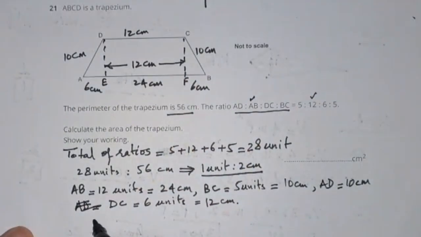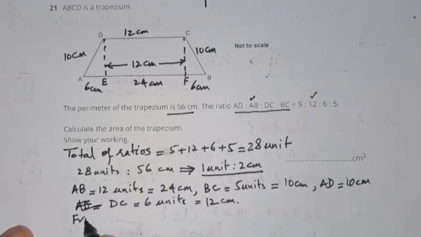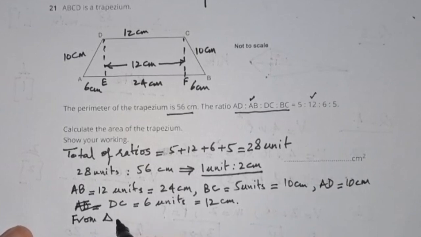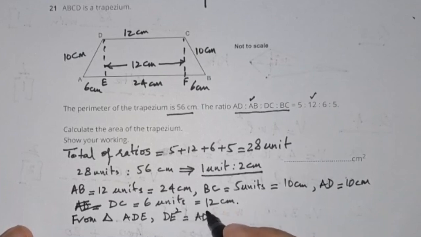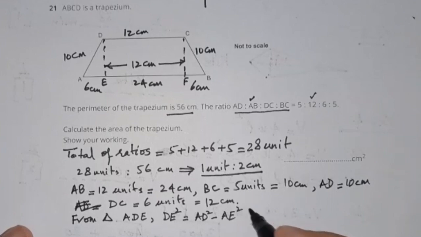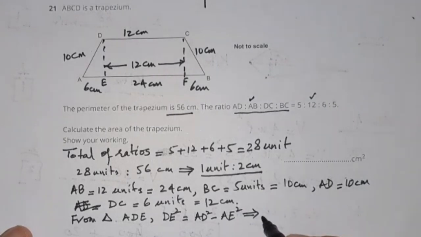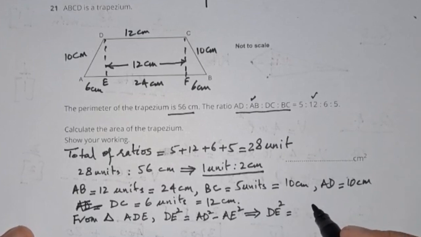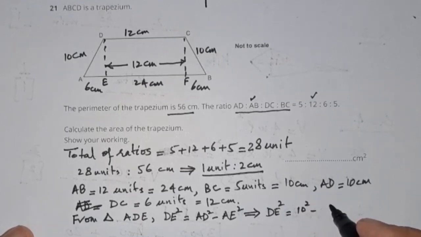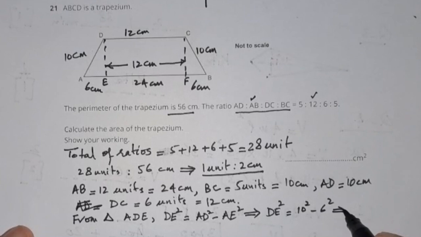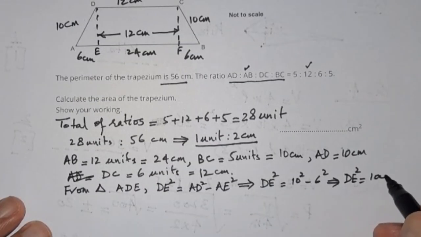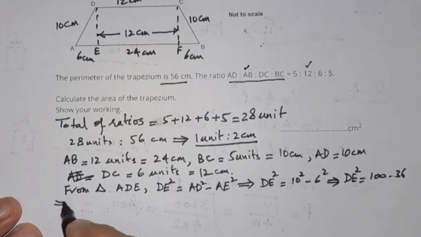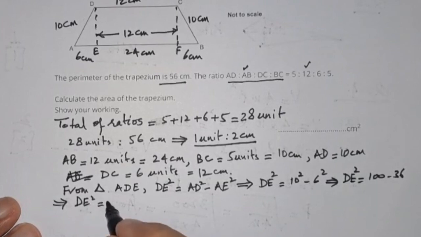From triangle ADE, we can work out DE. DE square is equal to AD square minus AE square, which means that DE square is equal to AD 10 square minus 6 square, which means DE square is equal to 100 minus 36, which means DE square is equal to 64.